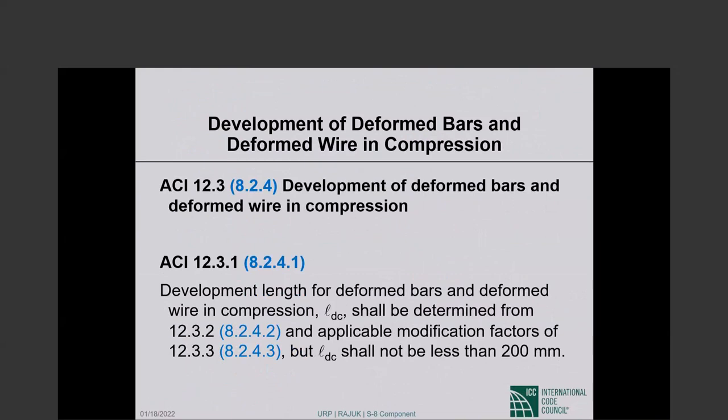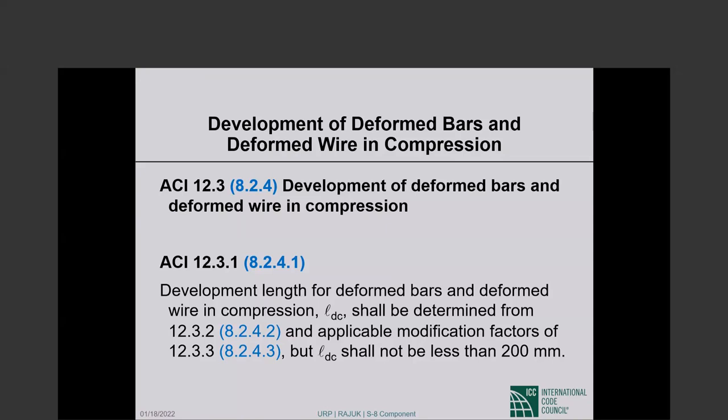Okay. Now we come to development of deformed bars and deformed wire in compression. We go from tension to compression. Okay. So development length of deformed bars and deformed wire in compression, this is now L sub DC. L sub D is development length in tension. This is all required development length.